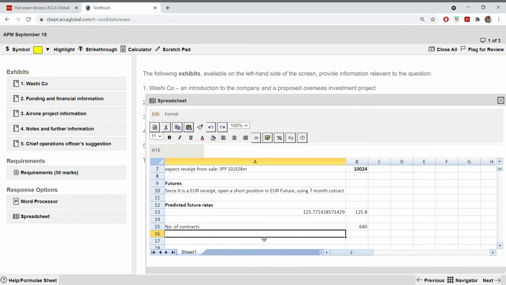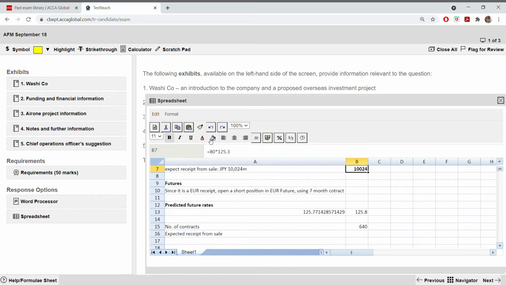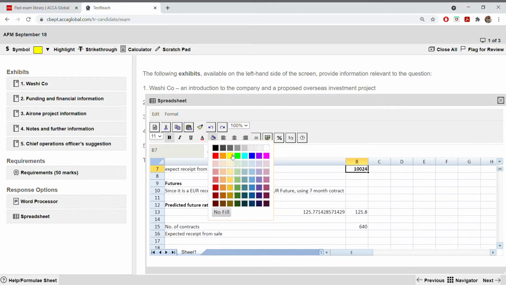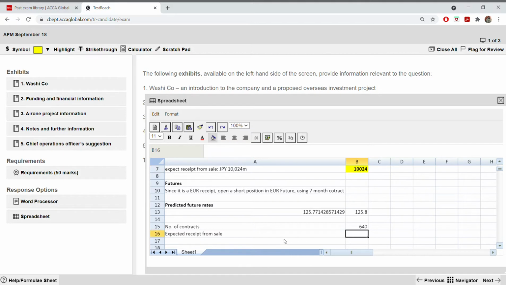Next, expected receipt from sale. It's better to bold it, you can even highlight it, so that later you can compare future, option and forward. Expected receipt from sale. Now you have the closing future price, so you can find the expected receipt.